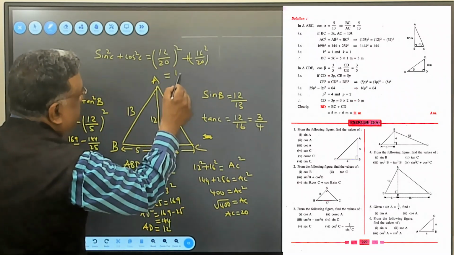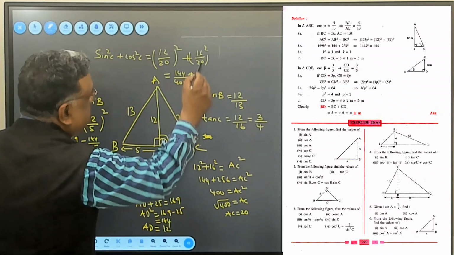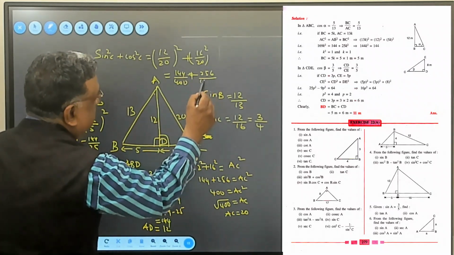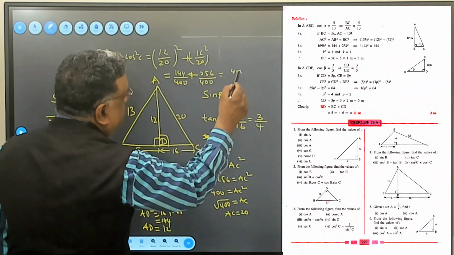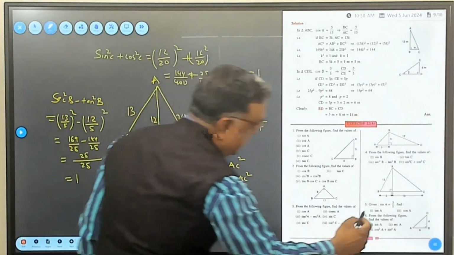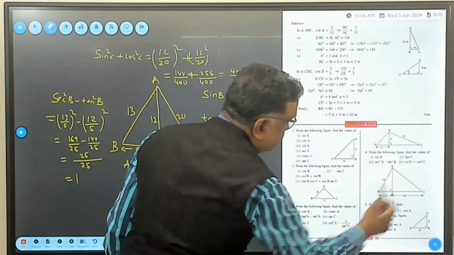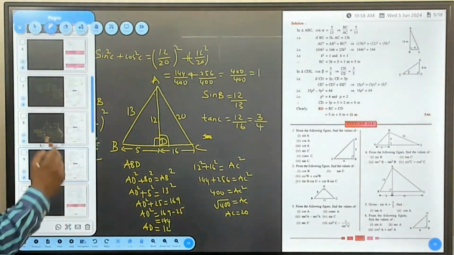This will become 144 upon 400 plus 16 square is 256 upon 400. If we add this, it will become 400 upon 400. So this also is 1. So we could find given this. Understood?